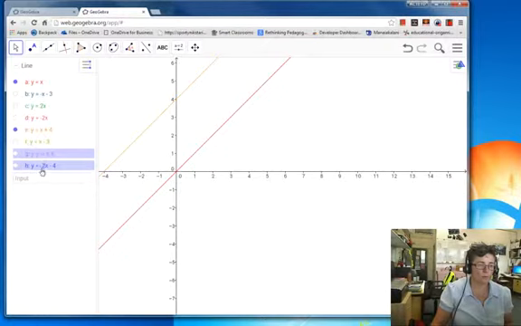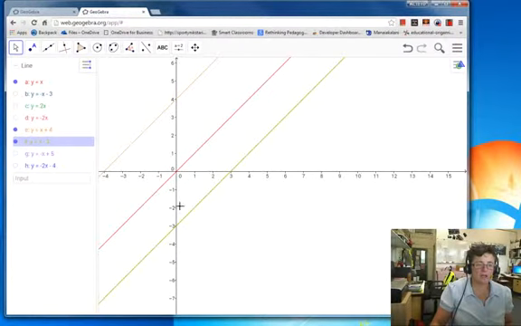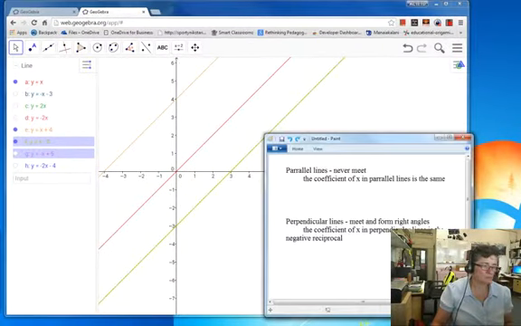As for this line here, it's also another parallel line. So all three of these lines here are parallel. y equals x plus 4, and y equals x minus 3. Parallel lines never meet. The coefficient of x in a parallel line is the same.